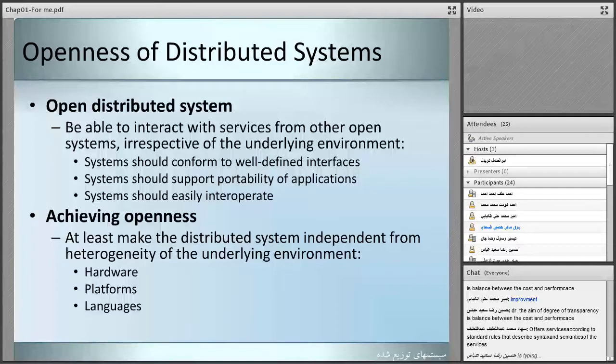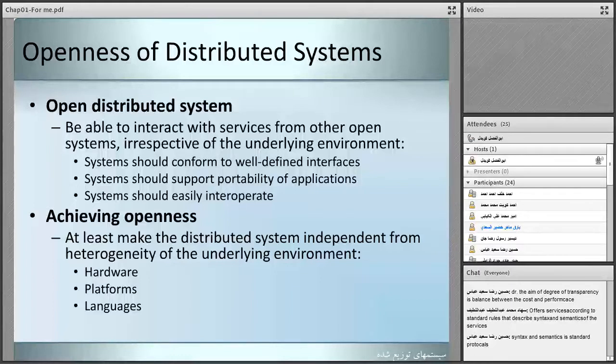So it will be easy for others to add new services because all protocols are clear. So adding new services to this system would be easy for programmers. Yes, syntax and semantics.